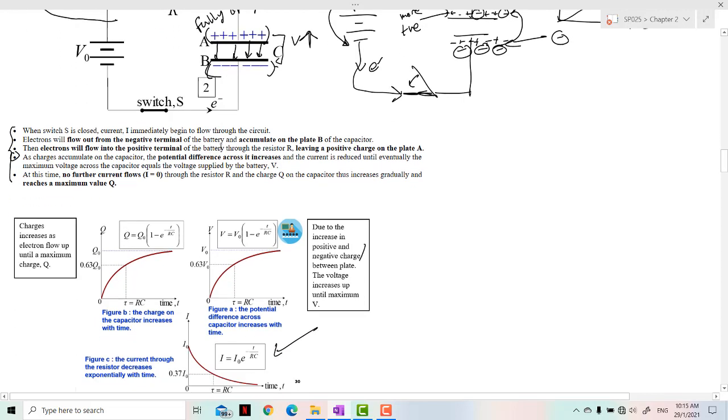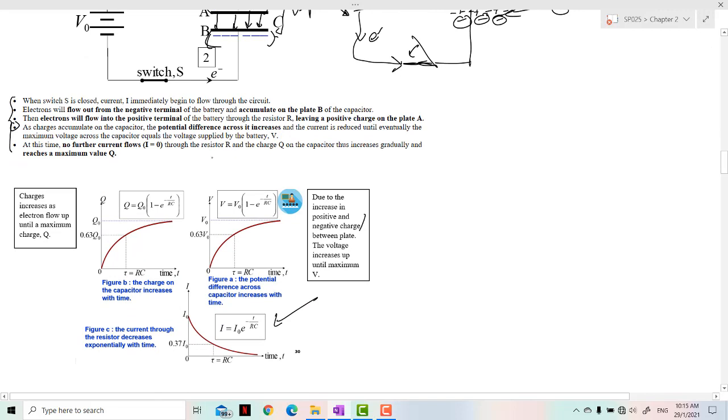So this is the graph of the charge Q, of the voltage, and this one is of the current.